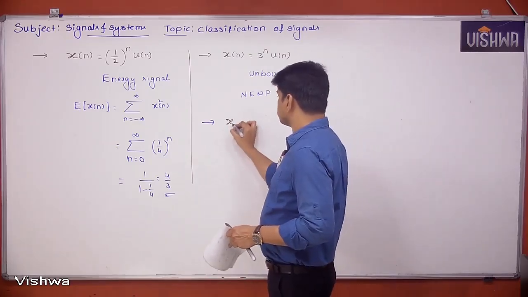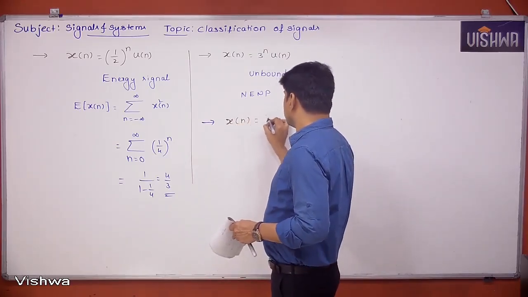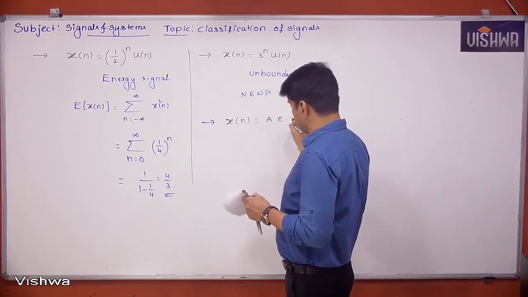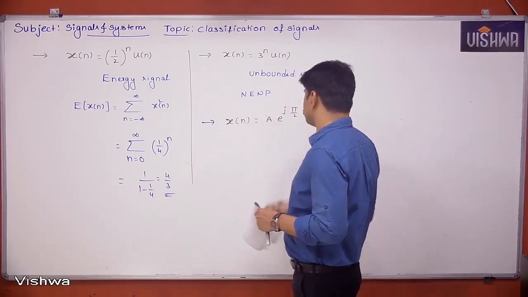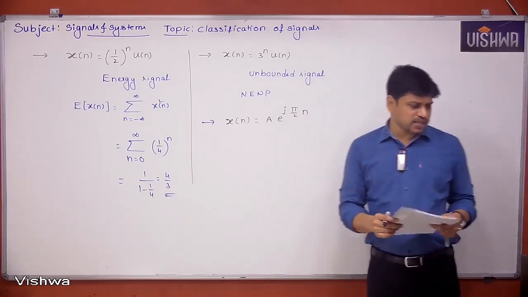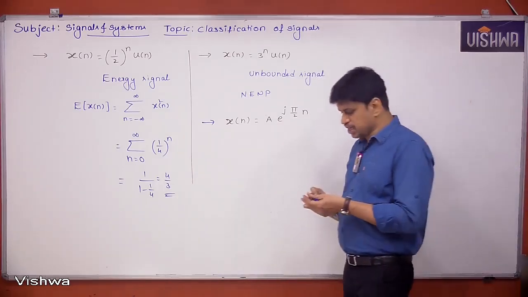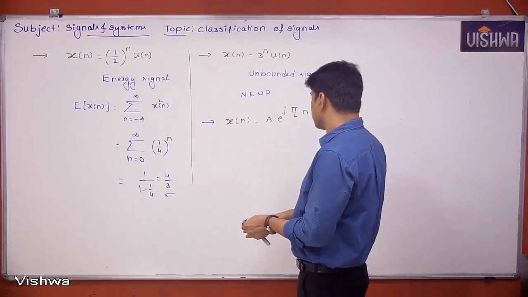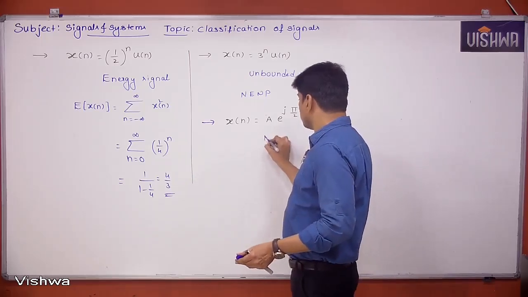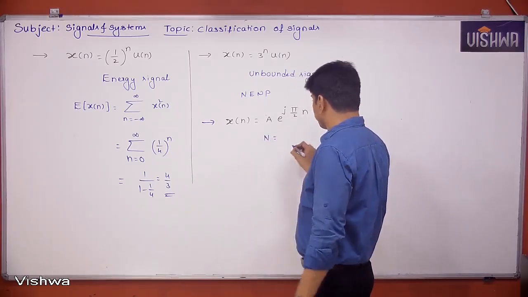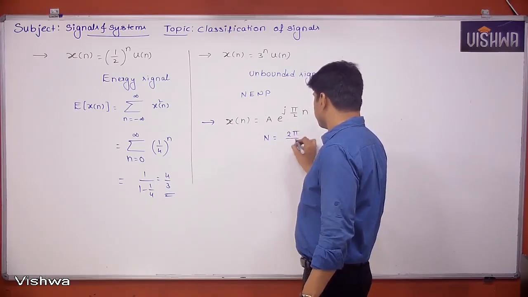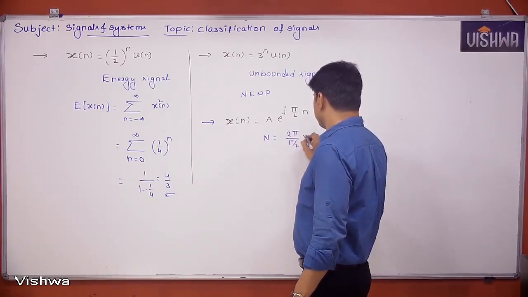x of n is equal to a e power j pi by 2 n. Because it is a periodic signal, the method is directly, whether it is a periodic signal or not, N is equal to 2 pi by pi by 2 into m.